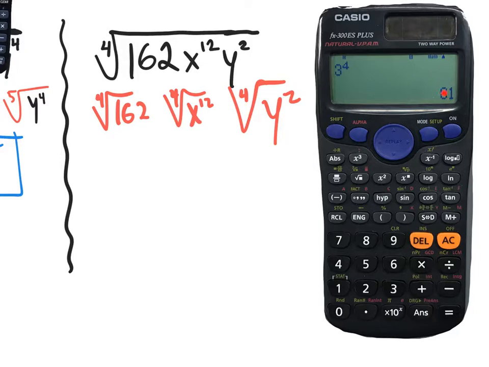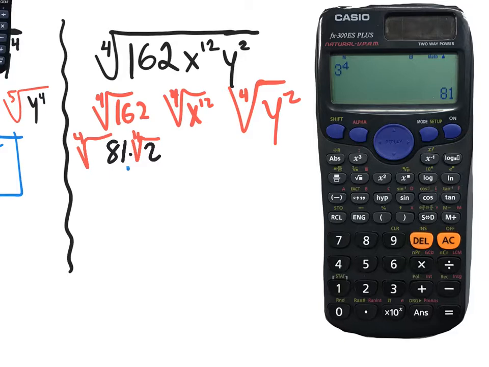Now, I could stop right there because I could see that 81 times 2 is 162. So I'm going to use this perfect fourth powered number 81 to rewrite 162 as 81 times 2, and then I'm going to split the fourth root.